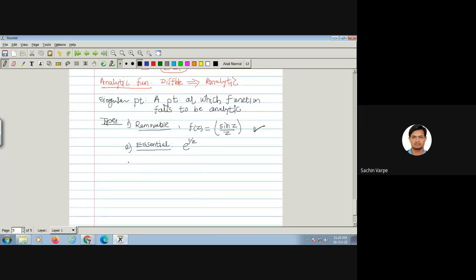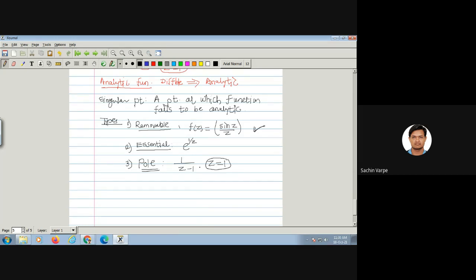One more type is there, that is pole. A pole is a singularity at which the function is infinite, just like here 1 upon z minus 1. So z equal to 1 is a pole, right?